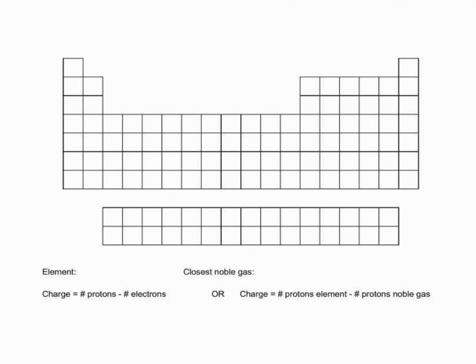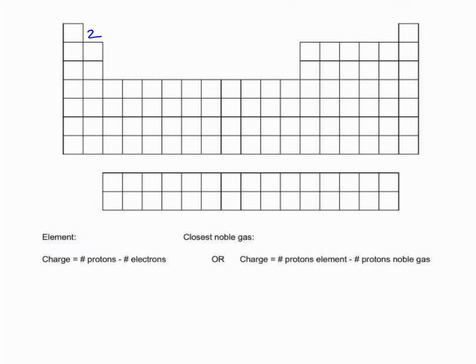Okay, so now I'm just going to go all the way across with the main groups. Number 2, group 2, the alkaline earth metals. So we're going to look at calcium, which is here, and has an atomic number of 20.